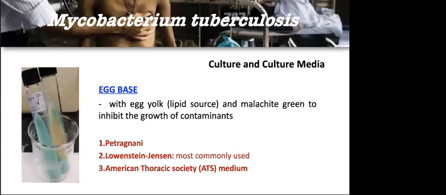However, Petragnani contains twice the concentration of malachite green than Lowenstein-Jensen. So recovery of your organism from heavily infected or heavily contaminated samples is best inoculated on your Petragnani.